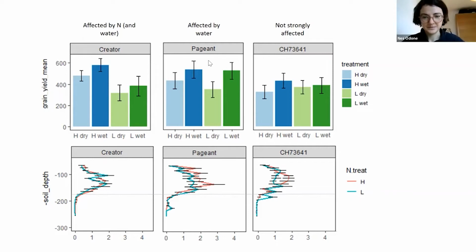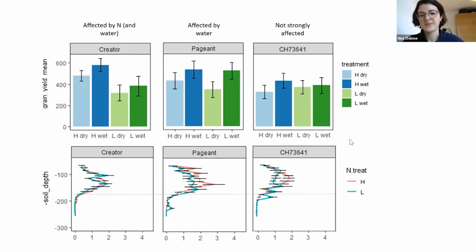Whereas in the middle we have the Pageant, which has been quite strongly affected in the grain by the water treatments. While on the left the Creator has been affected quite strongly by nitrogen, but not so much by water. And below I've just plotted the root profiles, so that you can see what they look like.